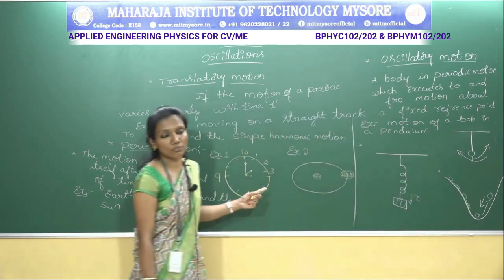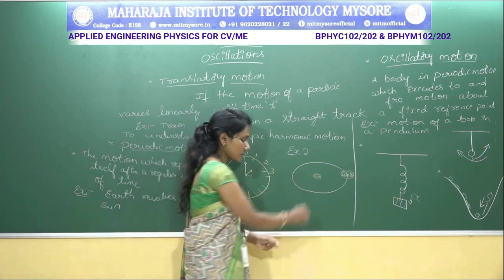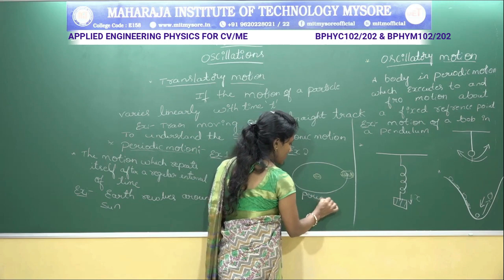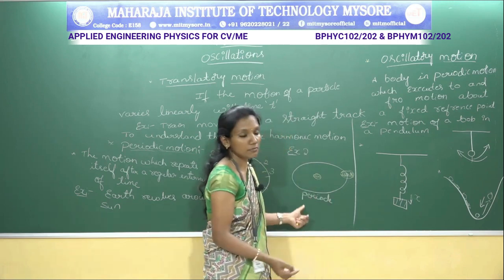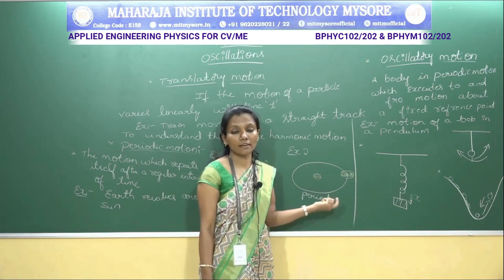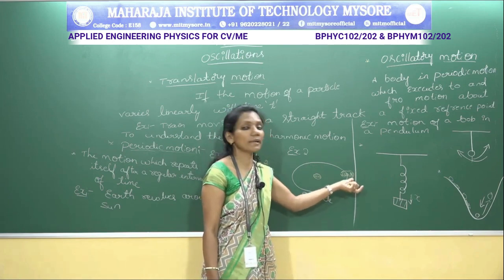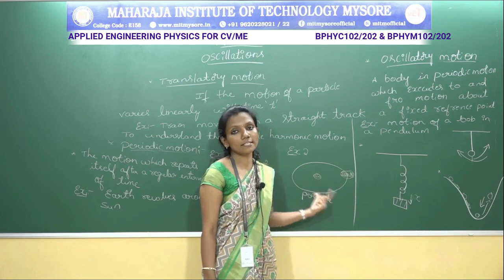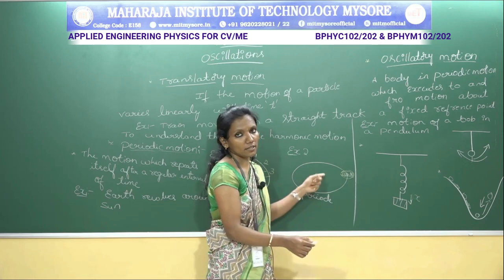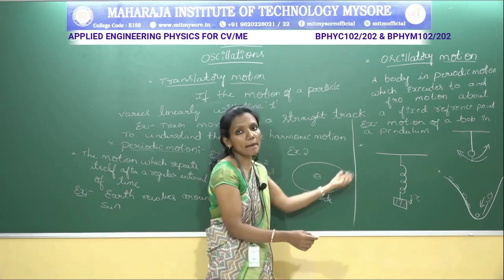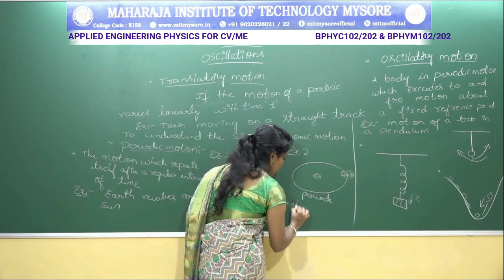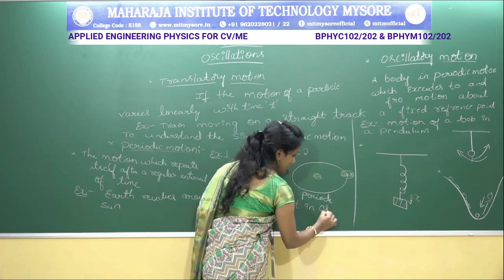But in this case, the Earth's motion is periodic, yet if you observe, it is not oscillatory motion. Why? Because the Earth is not making a to and fro motion; it is going in the same path and not coming back. So it is not oscillatory.